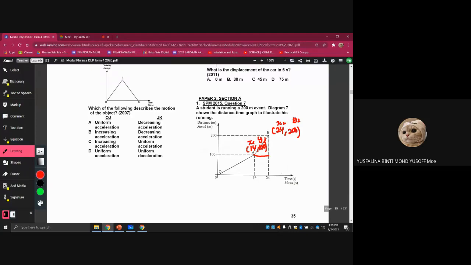This one, right? You can see the gradient here is higher than this one. So actually AB's speed is higher. If not, you can calculate. So let's say if you don't know how to see, I teach you. Alright, so this one is 100 minus 0 over 14 minus 0. So what's the answer?